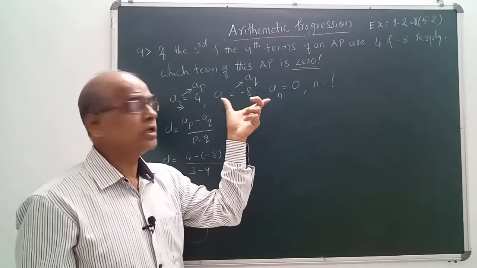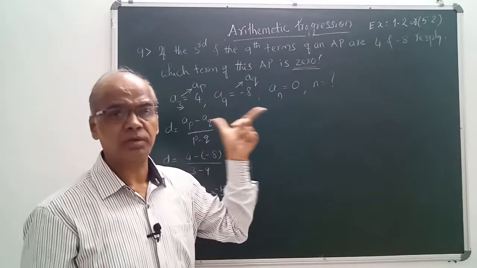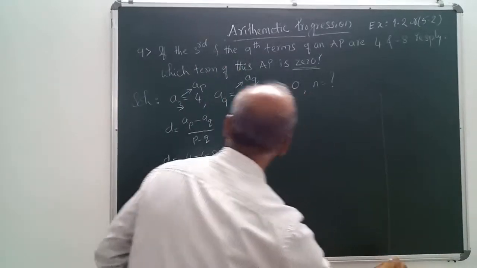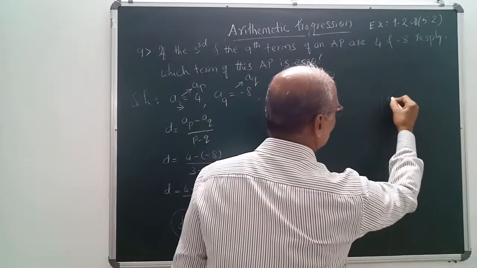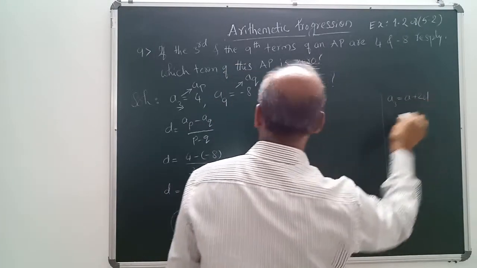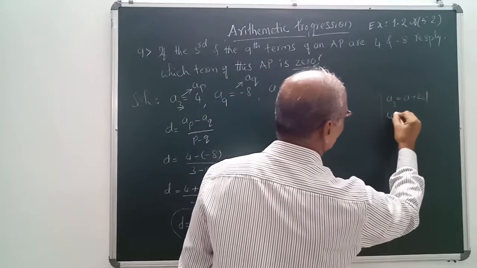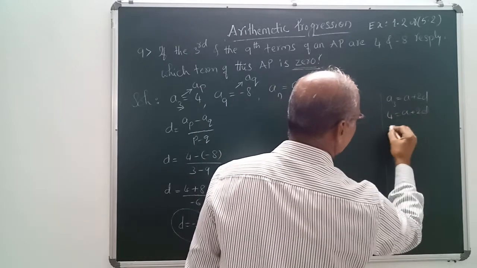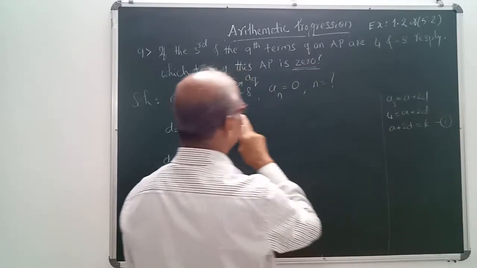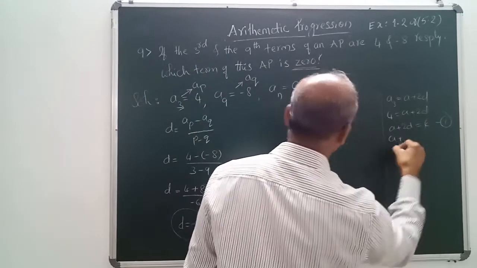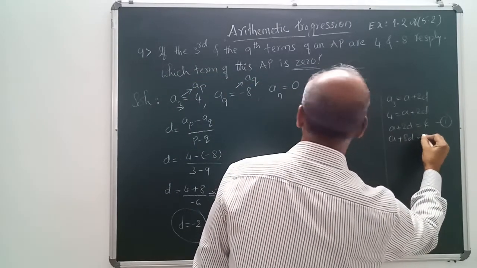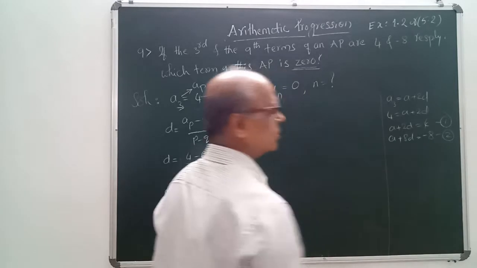Otherwise, one more method, the simultaneous linear equation method, that you have to do. Example here, to find d, A3 is equal to a plus 2d. This is 4 is equal to a plus 2d. Rewrite it: a plus 2d is equal to 4. This is your equation 1. Similarly, the 9th term is a plus 8d is equal to minus 8. This is equation 2.